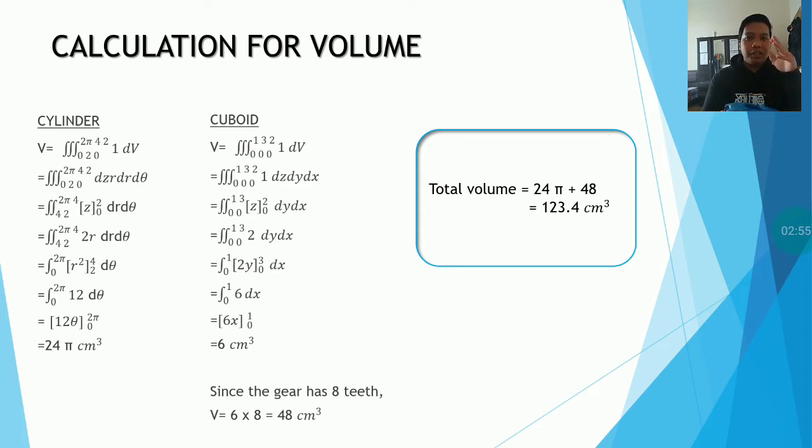So for the limit for the radius, I put 2 to 4 because this cylinder has a hole, a small circle, whose radius is 2. The diameter of the small circle is 4. So that's why I put from 2 to 4.